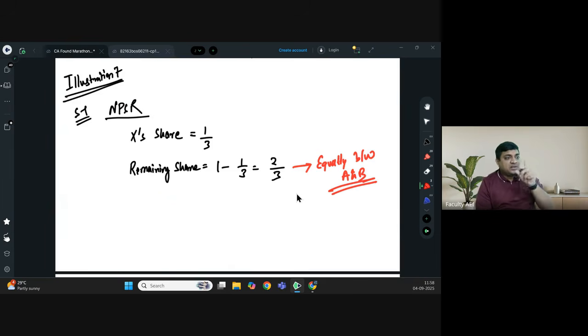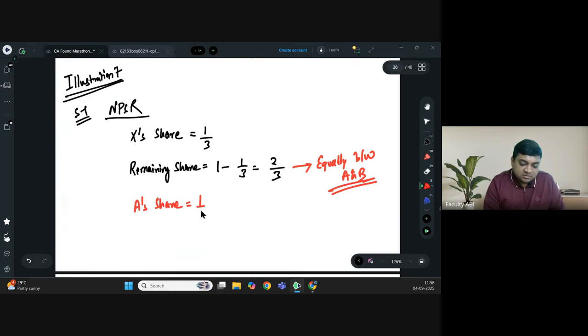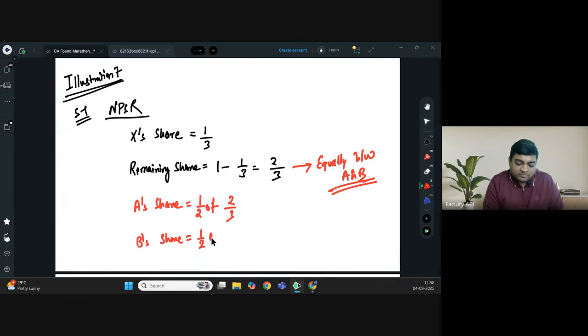It was not 50-50, but now 50-50. So A's share is how much? Half of 2 by 3. And B's share is how much? Half of 2 by 3.